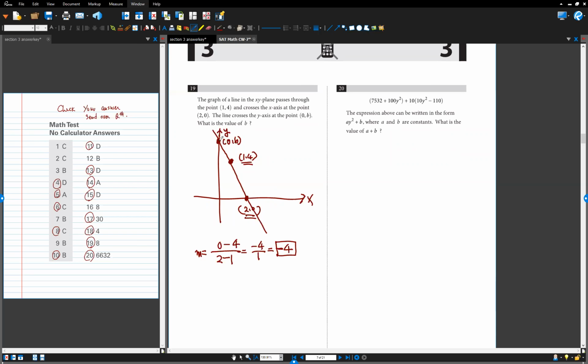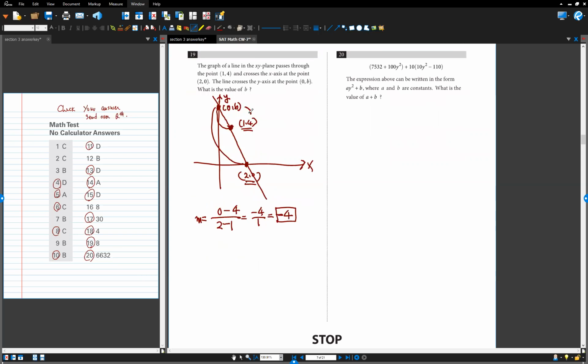Now take this one or this one. Any 2 points is okay. I'm going to do this one, very close one. 4 minus b, right? y2 minus y1 is 4 minus b. x2 is 1, x1 is 0. The ratio will be equal to what? Same constant, same slope.